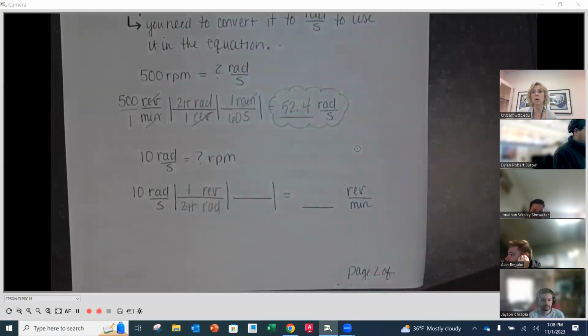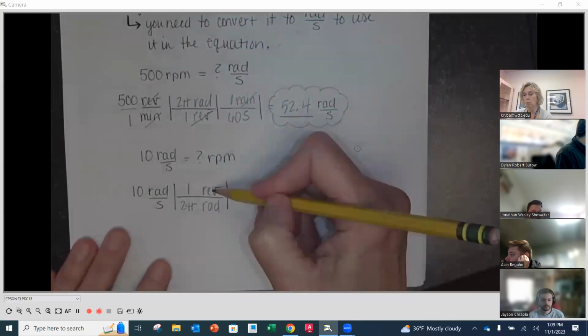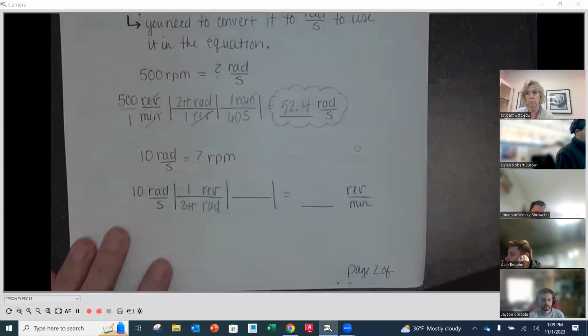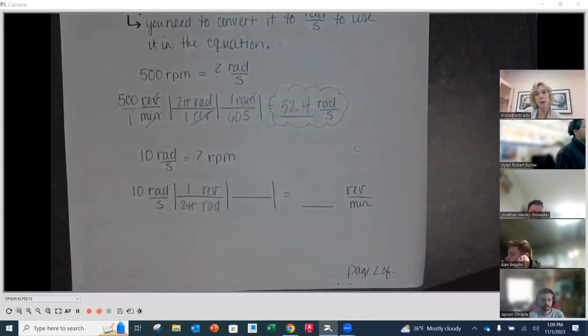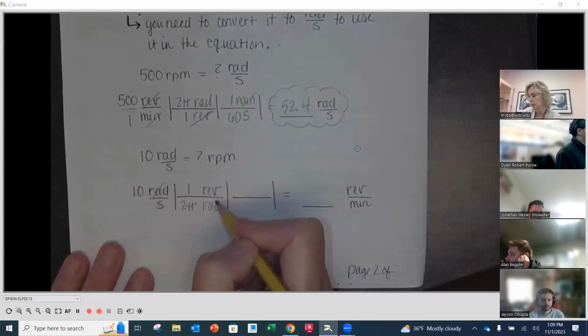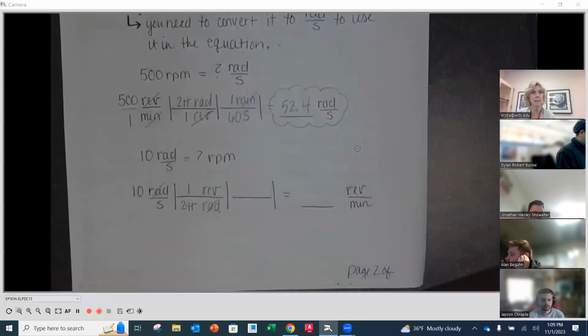So just like you said, 1 over 2 pi. So 1 revolution over 2 pi radians. That's my ratio. Or I like to say 1 revolution is equal to, and I put it directly below it. Now, when I multiply across the top and divide by the bottom, notice that my radians cancel out here. Need to show that. And what I'm left with is revolutions on top per second.